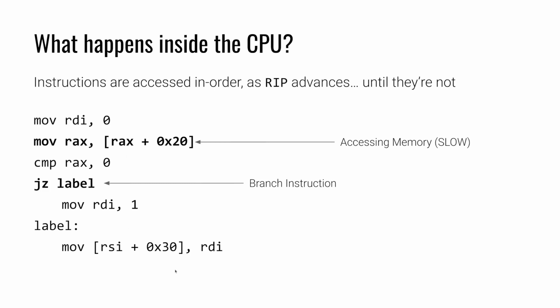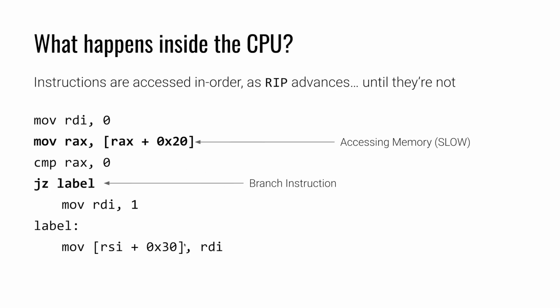But if we're right 50% of the time, let's say it's 50-50, whether or not our guess is correct, half of the time we have gained a massive performance improvement by not waiting for this memory access. The other half of the time, there may be a slight loss in performance from rolling back, but we could be clever about how we do this rollback or reset in the event that we're wrong.